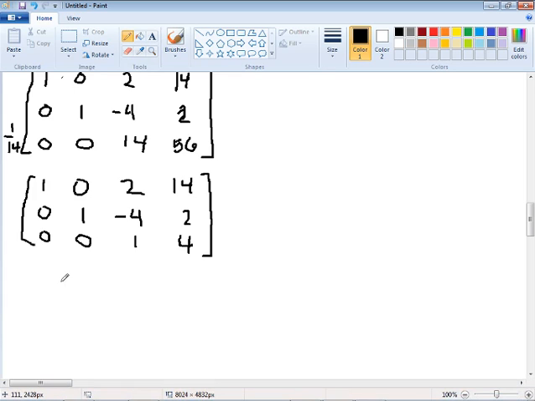So first thing I'm going to notice is I need these two zeroed out. First thing I'm going to zero out is this one. In order to zero that out, I'm going to multiply the bottom row by positive 4 because I want this negative 4 to be 0. So I'm going to have row 2 plus 4 times row 3 give me my new row 2.